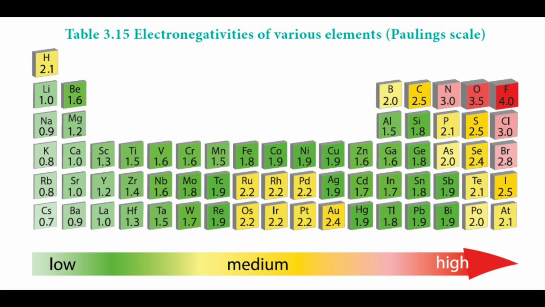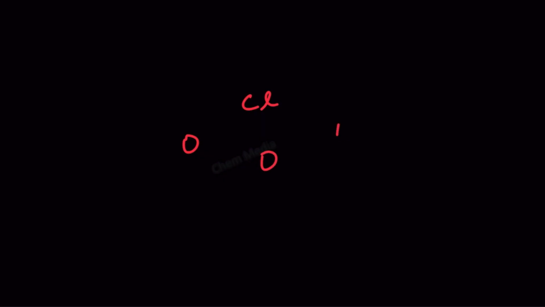Now let us write the Lewis structure of chlorate ion. We know that chlorine is less electronegative compared to oxygen. Therefore chlorine comes at the center, and then we put 3 oxygens around it. Let us put one bond pair between each oxygen and the chlorine atom. That accounts for 6 electrons.